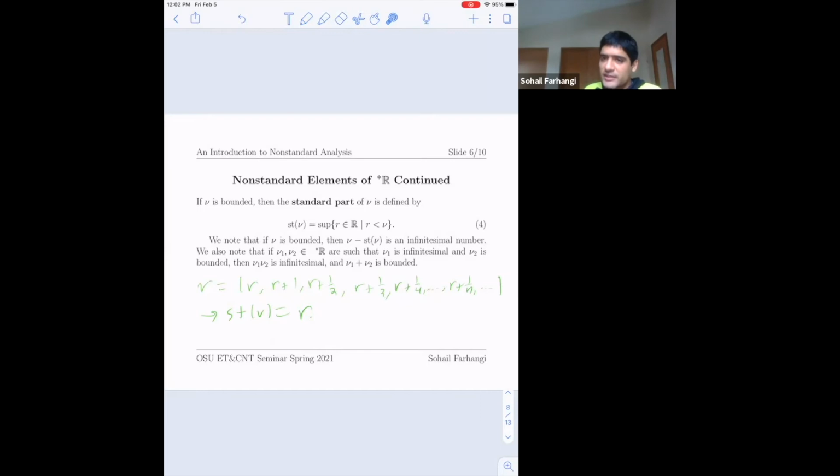It's certainly non-standard at this point. It is not the same as R. We can see that this is larger than or equal to every real number smaller than R, but it is strictly smaller than any real number bigger than R. So this supremum is just going to give you R.